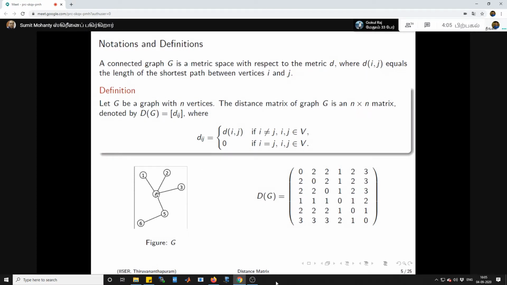Although this is not a good example for showing a distance matrix for a tree, because d ij is the length of the shortest path, and in a tree there is a unique path. Suppose in this case 4 and 6 have an edge joining them. Then there are two paths from 4 to 6, one of length 1 and one of length 2.